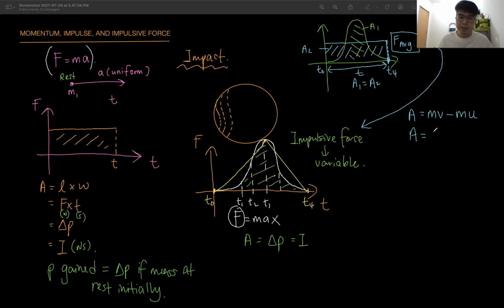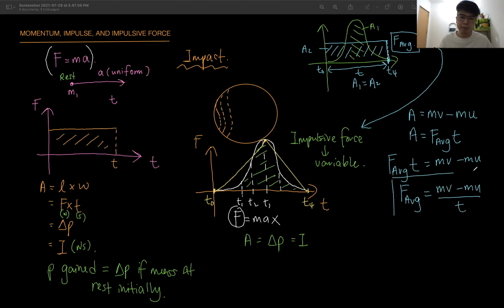So I can write it as F average times the duration. This is the area of the square here. So F average times T, and these two are equal, so F average T equals mv minus mu. Bring the T over there, I get F average equals mv minus mu over T, the formula that you are already familiar with.